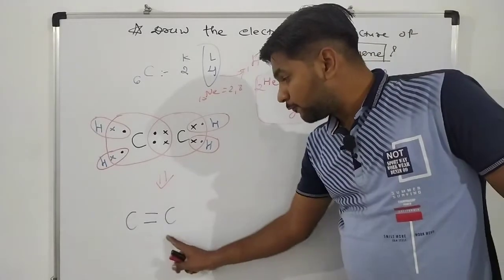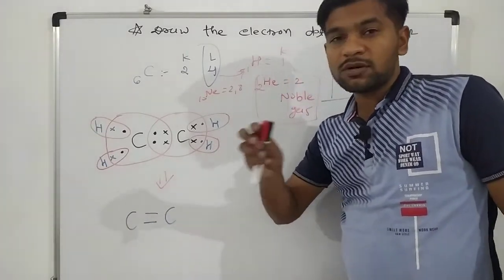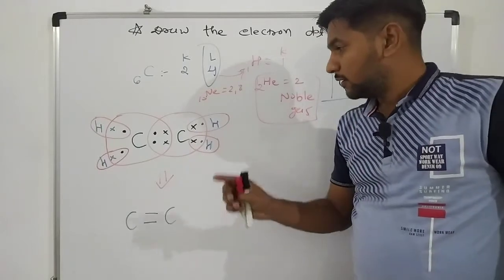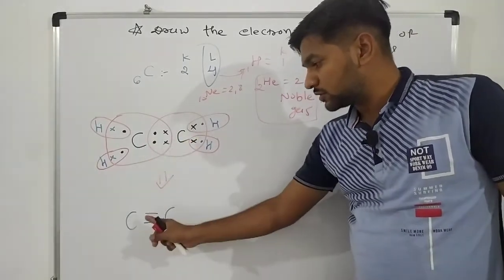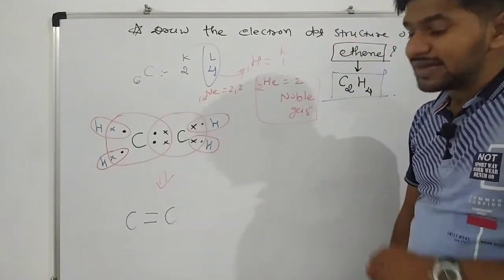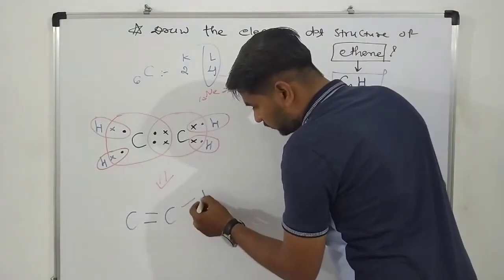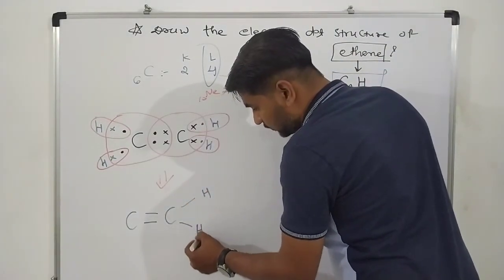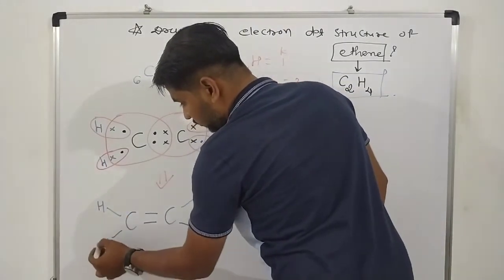Here carbon carbon form a double bond because carbon carbon share 4 electrons. It means this carbon shares 2 electrons, this carbon shares 2 electrons, and they form a double bond between the carbon atoms. This bond forms like this with hydrogen, and this bond forms like this with hydrogen.